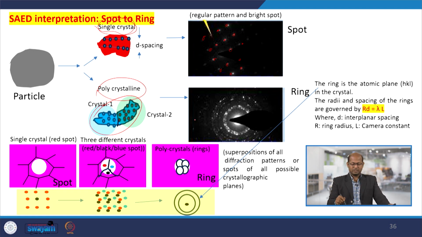When there are spots, a particular single crystal is present. When it is ring type, multiple crystals are present in that sample. So we can distinguish and classify the materials or catalysts we have prepared, and analyze why a particular material gives a better result than the other.